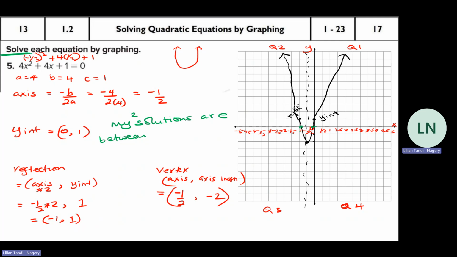So you start with the smallest one, between negative 1 and negative half. And you need to do the other one: negative half and 0. Negative half and 0. Okay? Because it's not on a normal number.